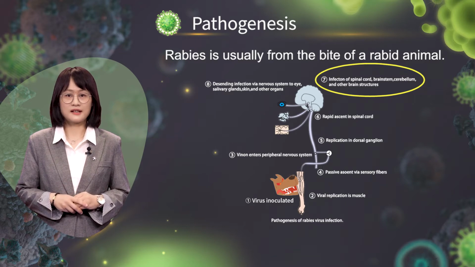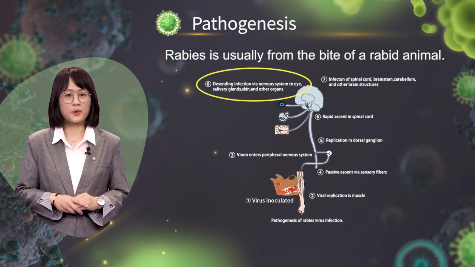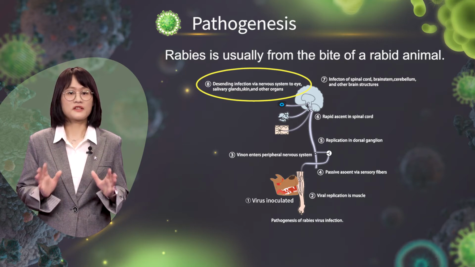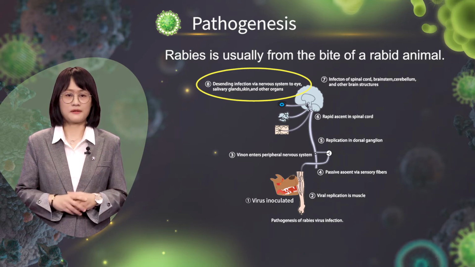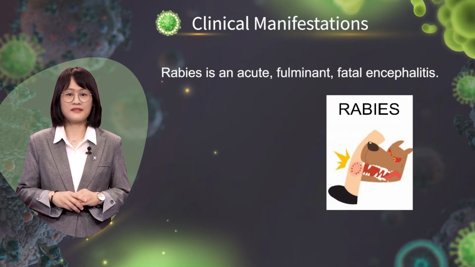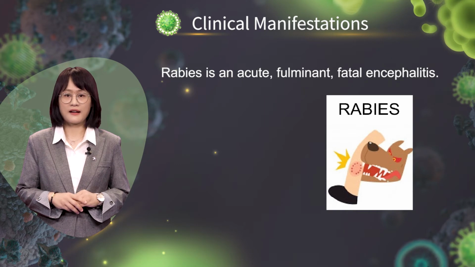The neurons in the infected area degenerate and lose their functions. 8. Virus spreads along the nerves to the eyes, salivary glands, skin, and other organs. The disease is an acute, fulminant, fatal encephalitis.